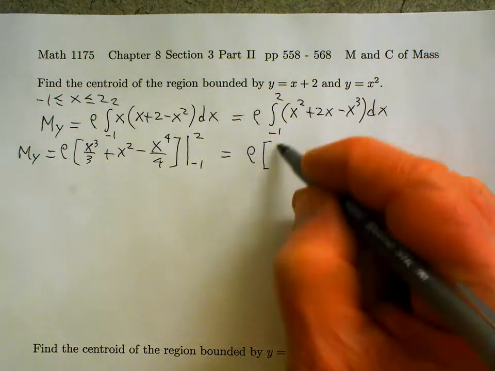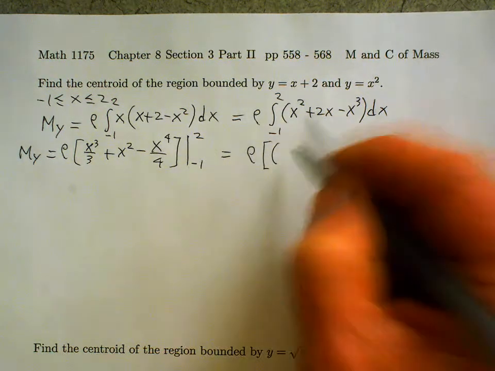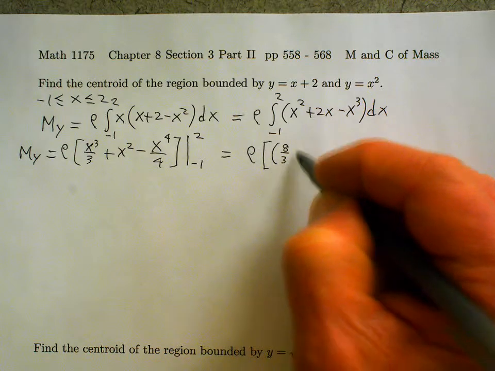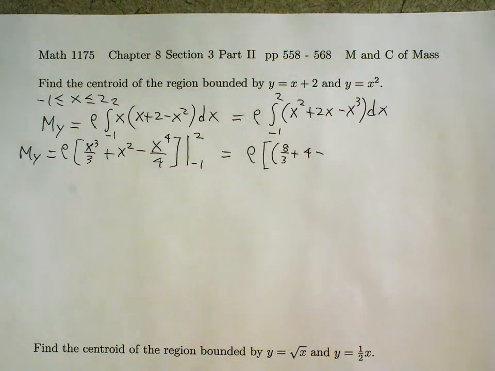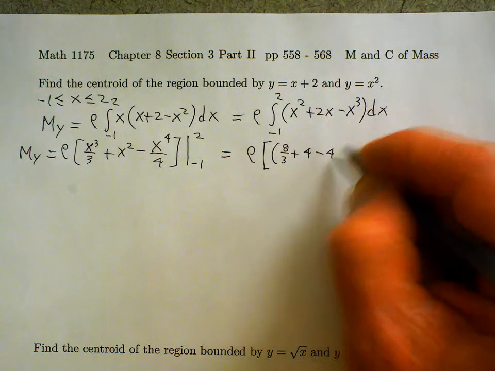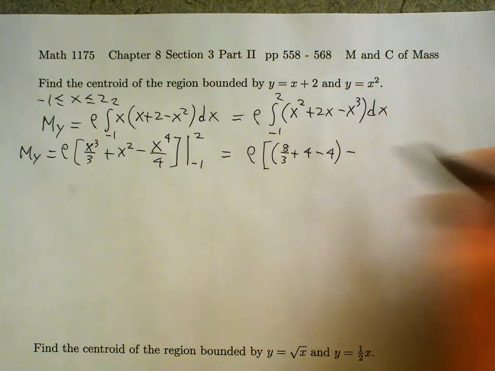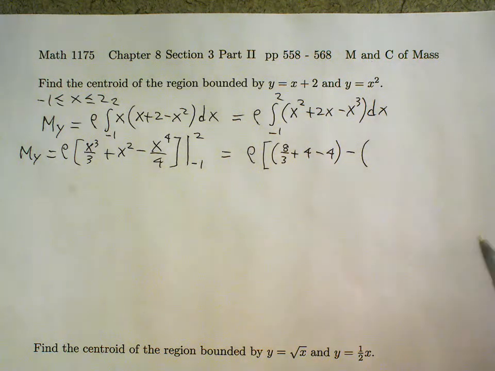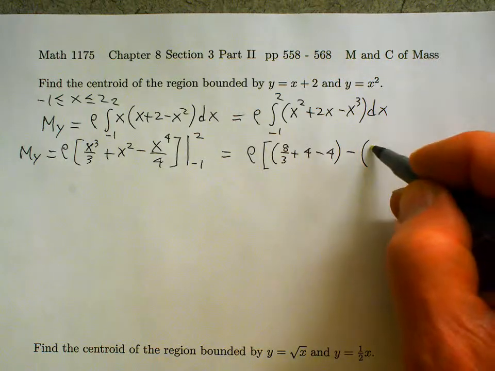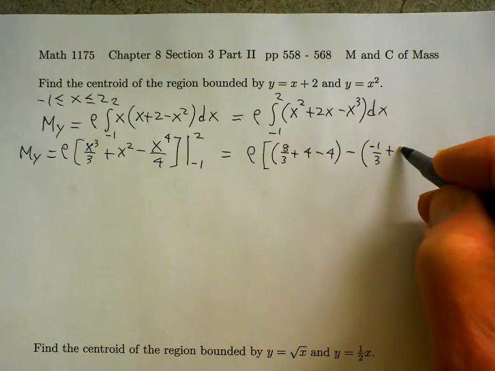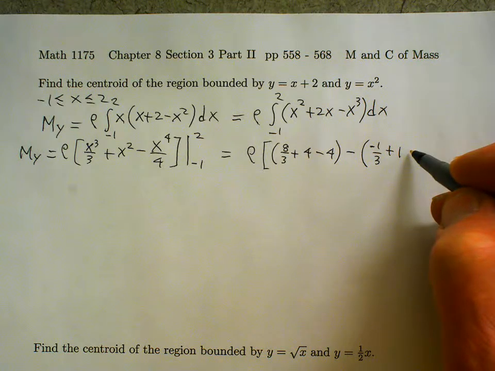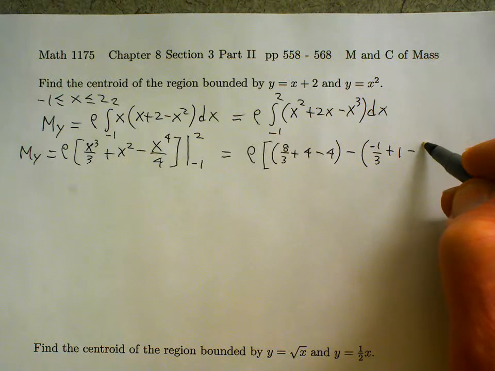So when x is 2, we have 8/3 plus 4 minus 16 over 4, which is minus 4. And then minus the quantity, when x is -1, -1/3 plus 1 minus 1/4.